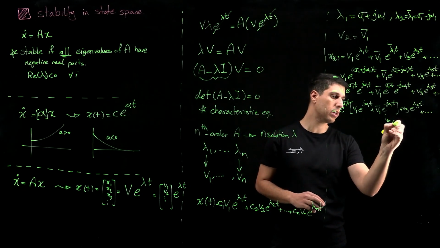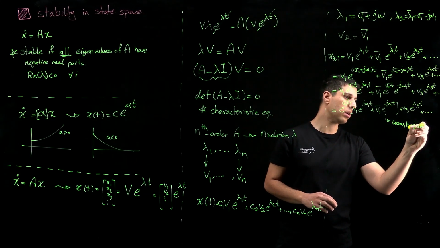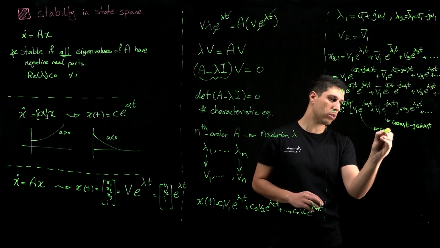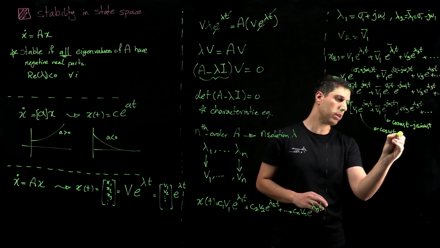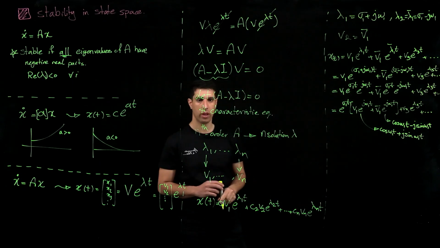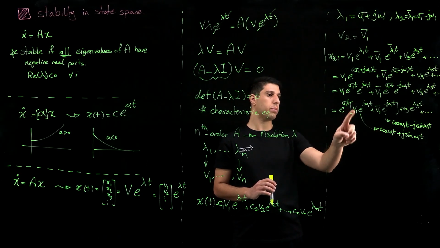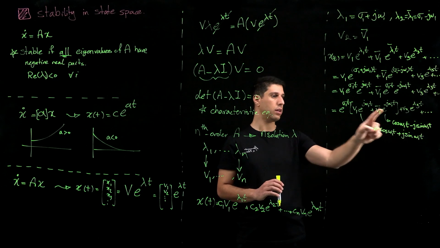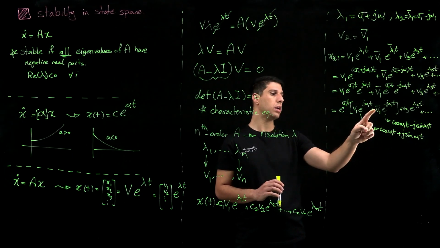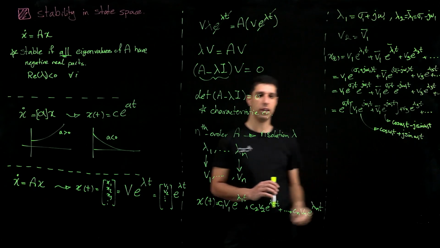So this one is cosine of omega 1t minus j sine of omega 1t, and this one is cosine of omega 1t plus j sine of omega 1t. So now I have v1 times cosine plus v1 times j sine plus v bar 1 times cosine minus v bar 1 times j sine.